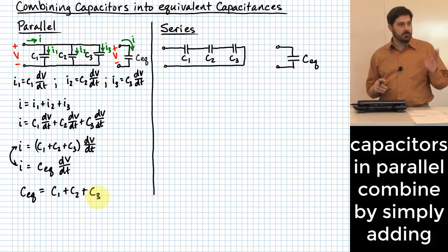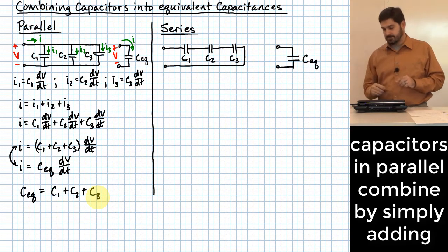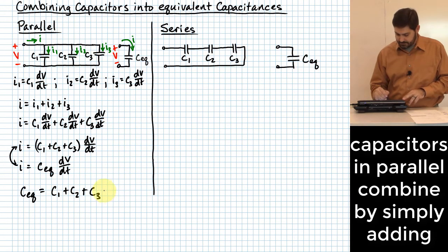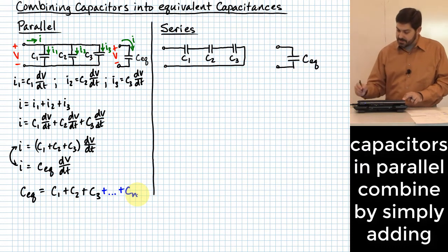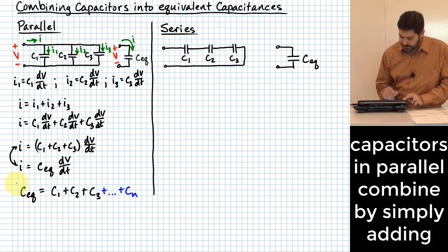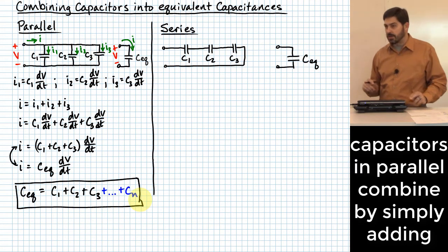And what if I had more than 3 capacitors in parallel with one another? I could just add however many of them I have, up to, let's say, n of them. This is the equation for figuring out equivalent capacitance for a number of capacitors that are all in parallel with one another.